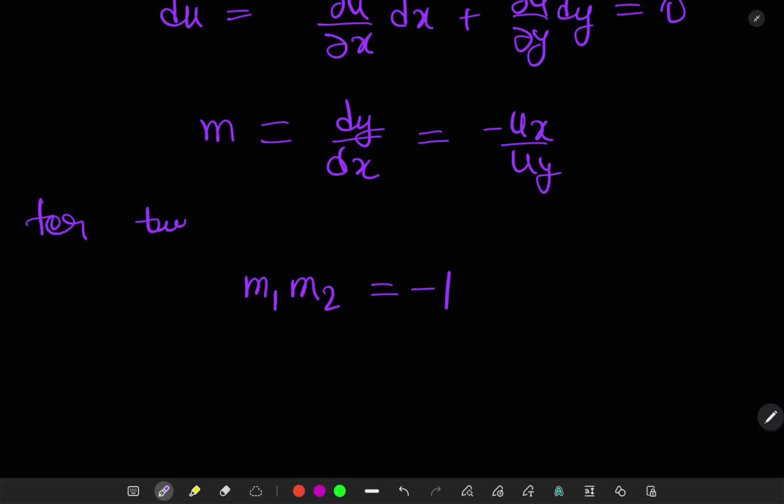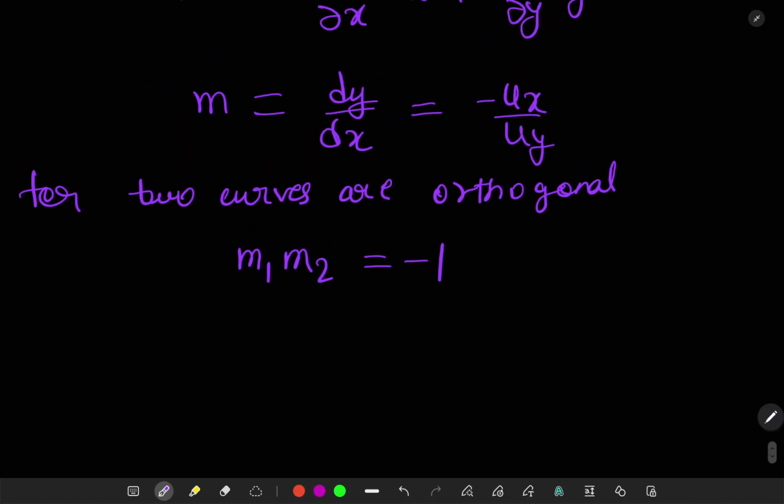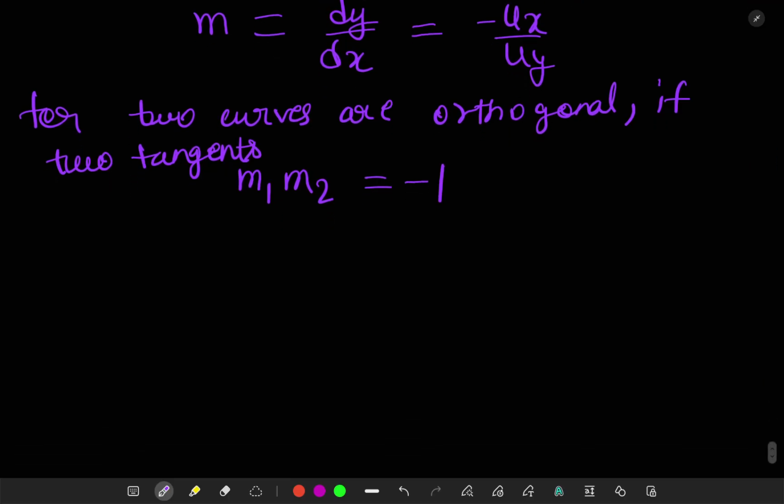For two curves to be orthogonal, the two tangents here are perpendicular.